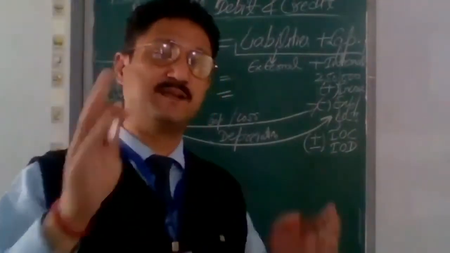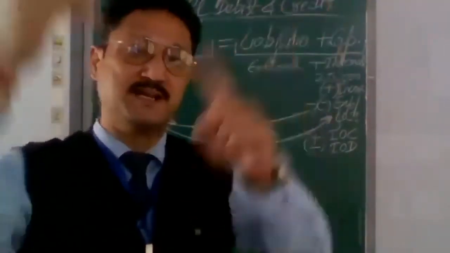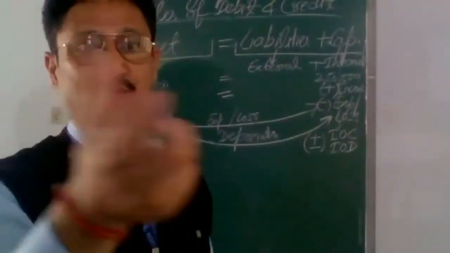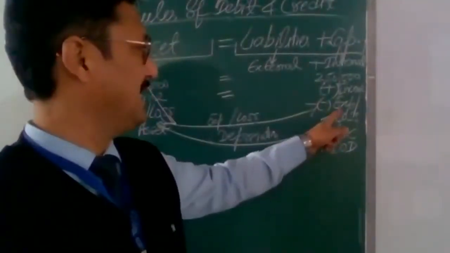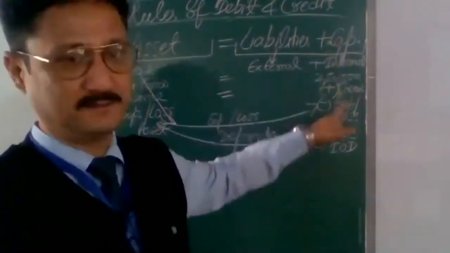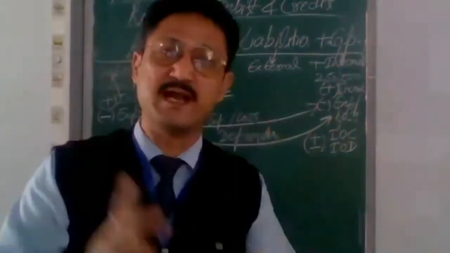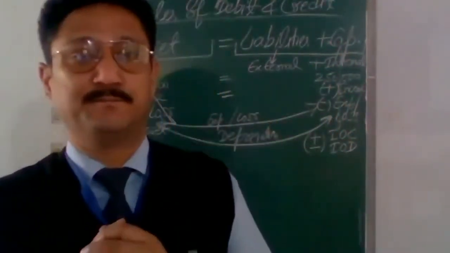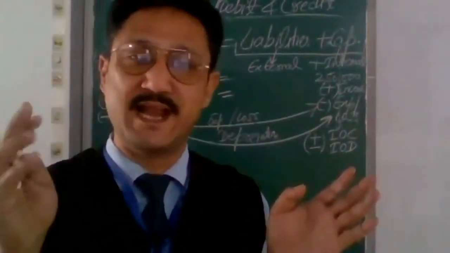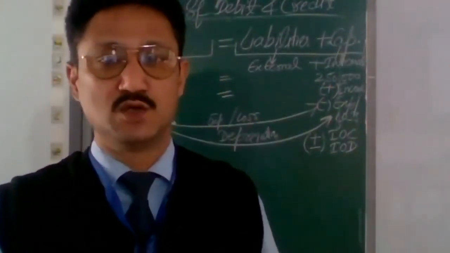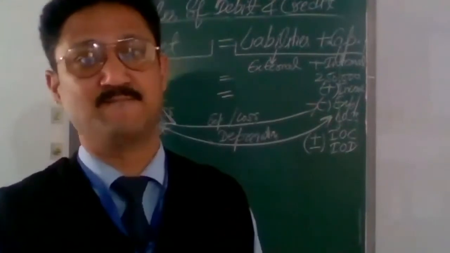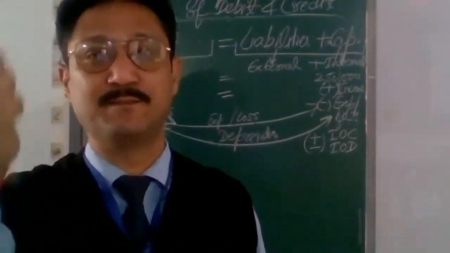Because interest on capital is to be paid to the proprietor, it will be an income for him. So it should be added in capital. At the same time, for the business, it is an expense. So it should be subtracted also from the capital.